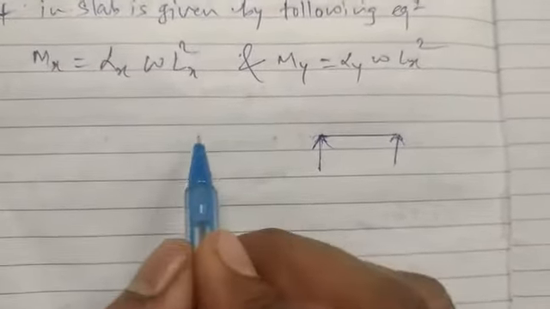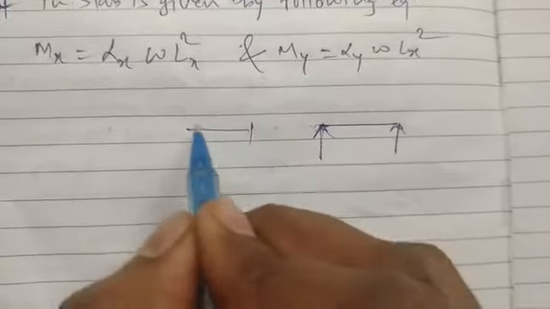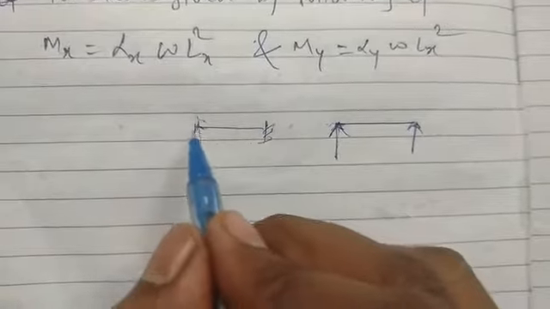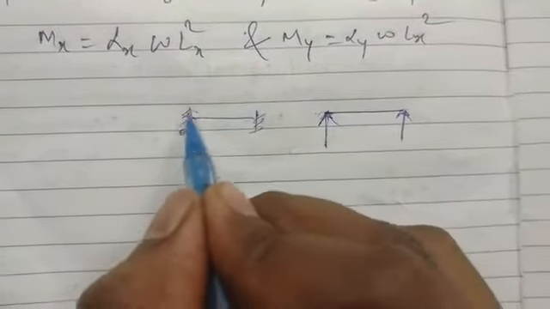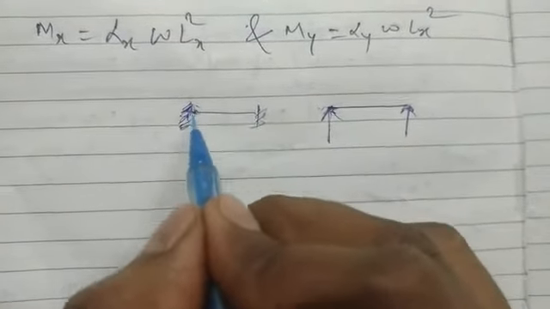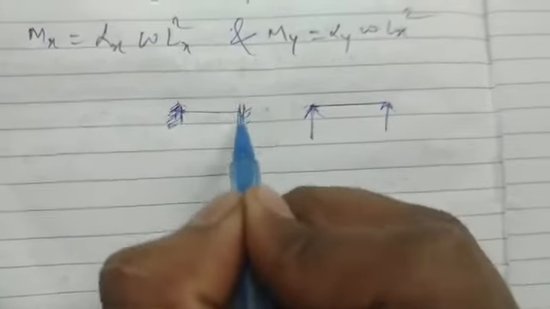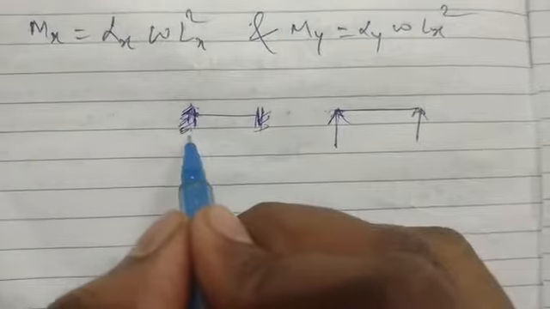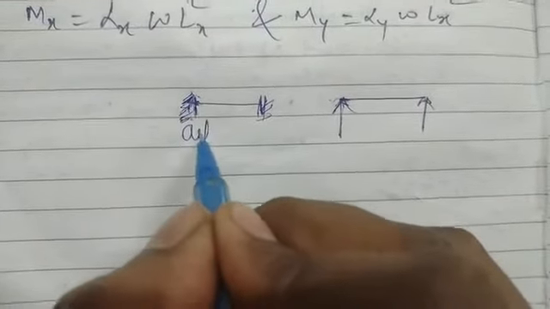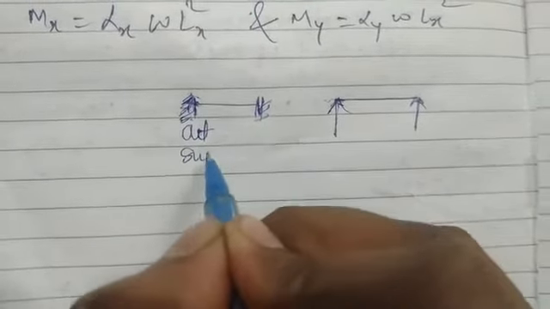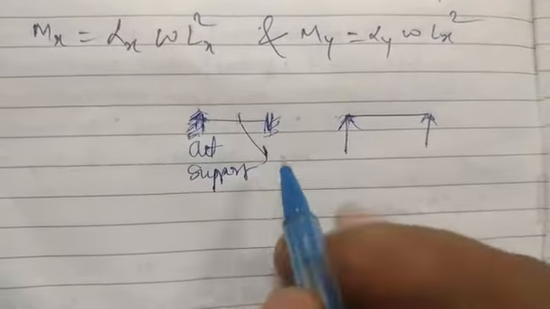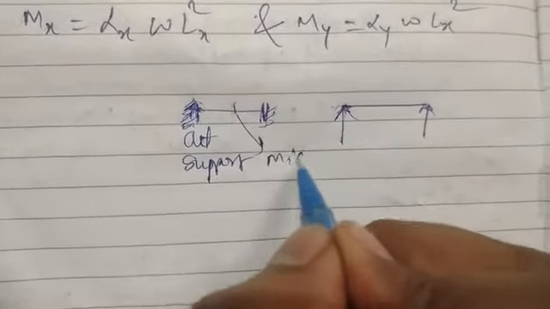So whenever we are considering the fixed edges of the slab, it creates fixed end moment at these edges also. So we need to take a different bending moment coefficient at the support, and apply a different coefficient for midspan.